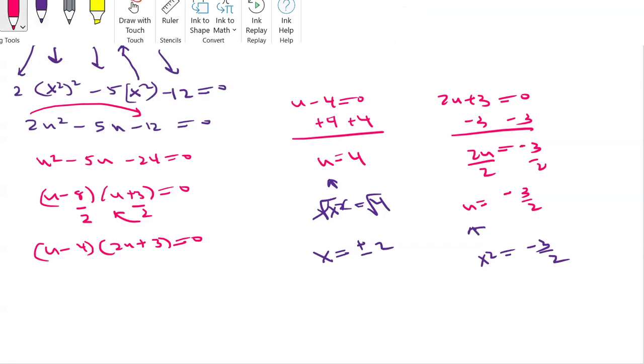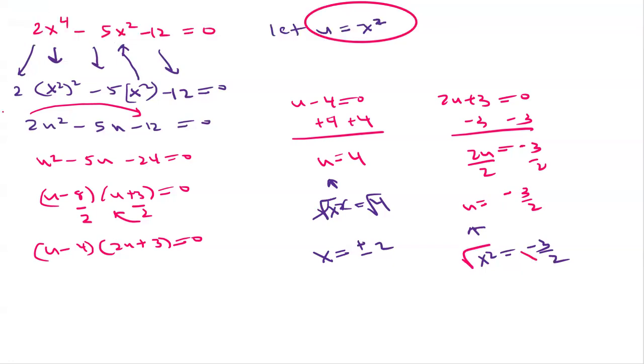Then we do the same thing for this one on the right. We're going to take the square root on both sides. The square root and x squared cancel. However, notice that we have a negative and we have a radical. We can't take the square root of a negative number, and we had talked about that.